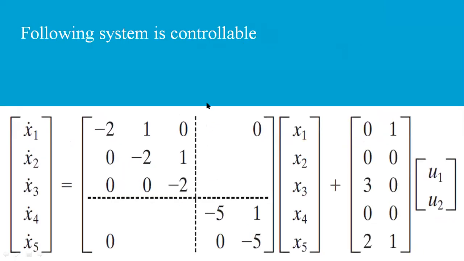See here, this is what I told. Here it is having two Jordan blocks, -2 and -5. Two repeated rows are there.